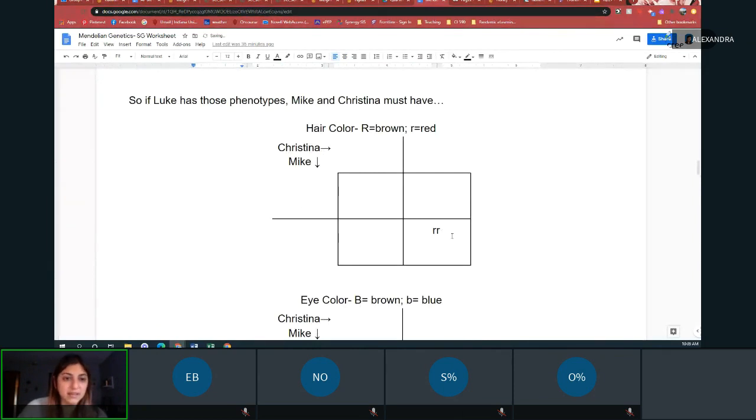So if that means that that is his red hair, what does that mean? What must Christina and Michael have in their genotypes in order for Luke to have red hair? What must Christina have? A recessive red, exactly.